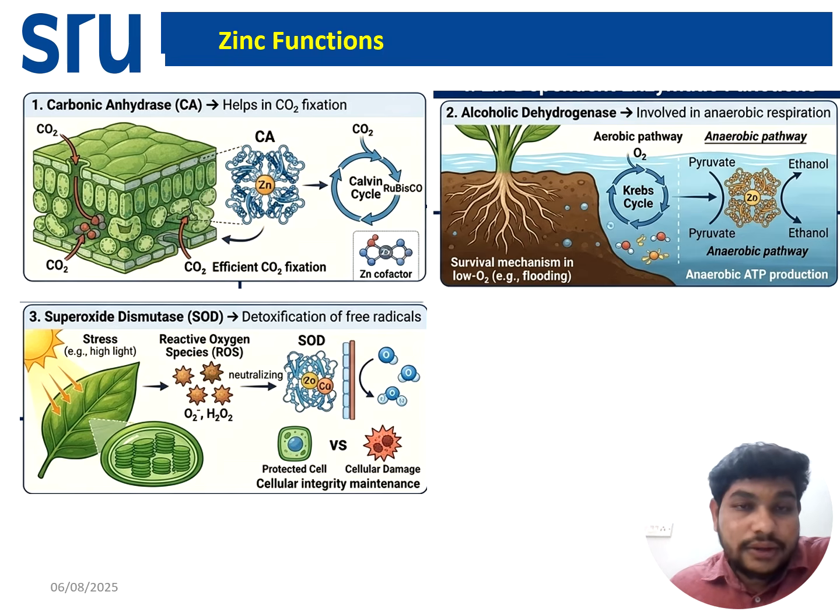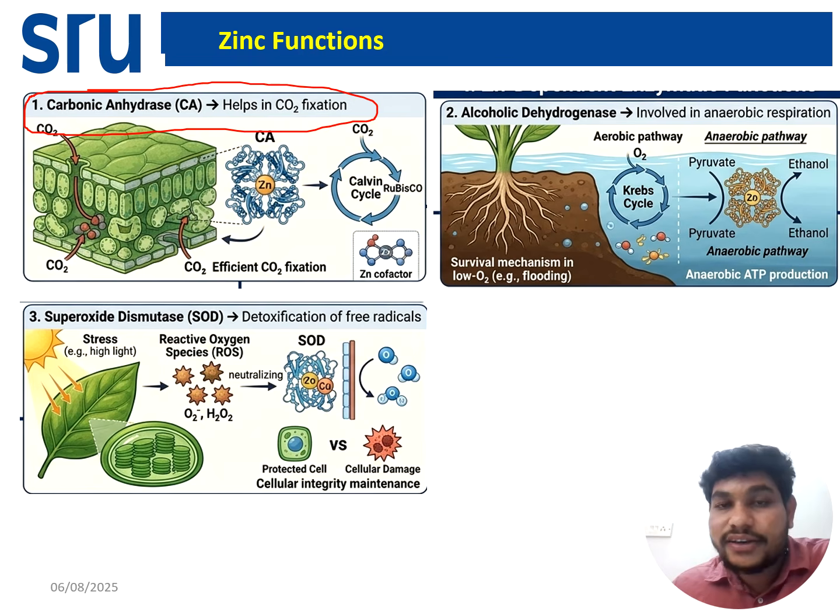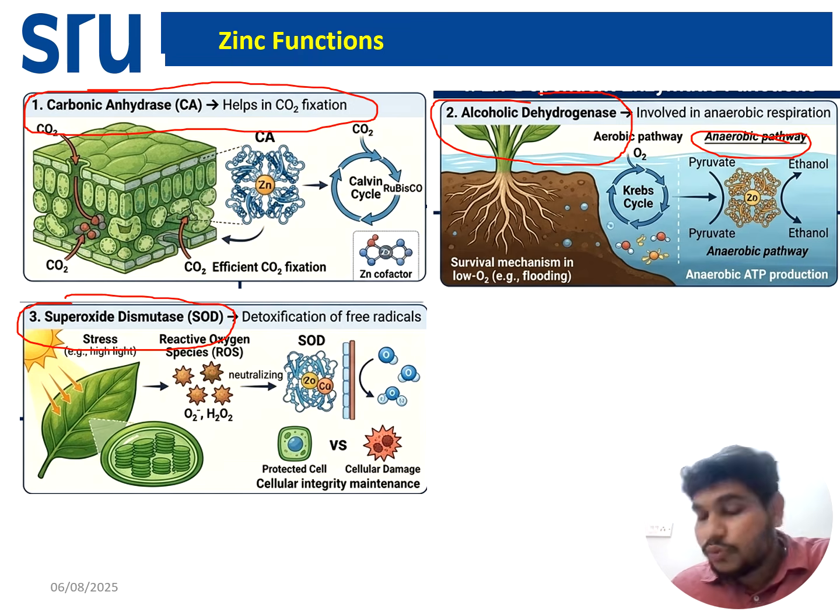Here we'll see the function of zinc, that is the fixation of CO2 by activation of the enzyme carbonic anhydrase. Then another example, alcoholic dehydrogenase, which is responsible for anaerobic respiration. Then the third important enzyme, superoxide dismutase, which is required to protect the cell from damage by the superoxide.